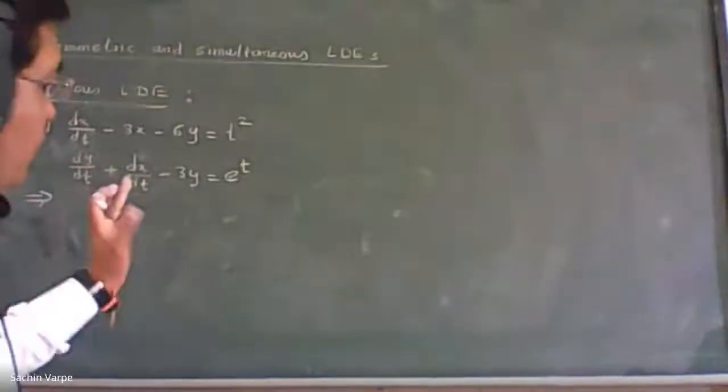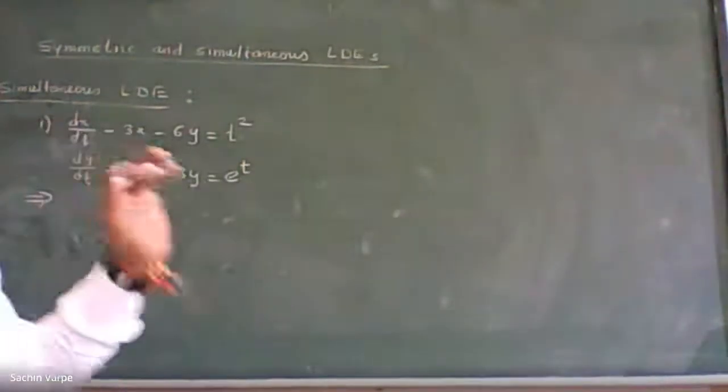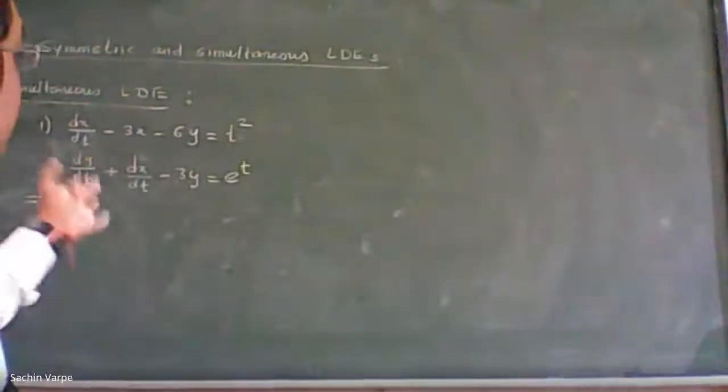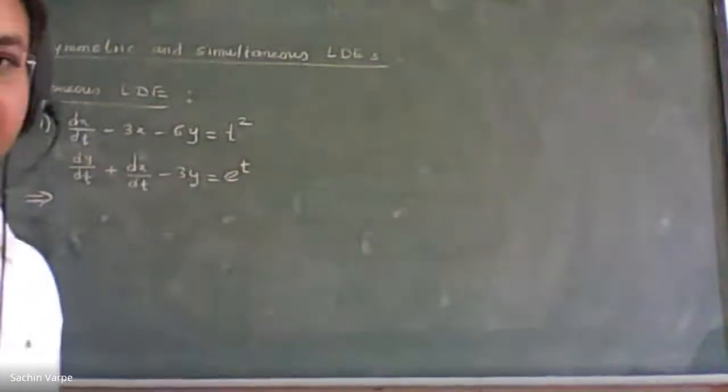Independent variable is t. So the derivative with respect to what variable, that variable is the independent variable, and you can see here the independent variable is t, and the dependent variables are x and y.